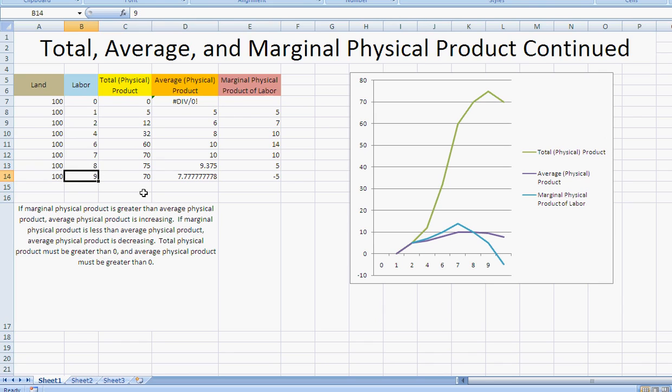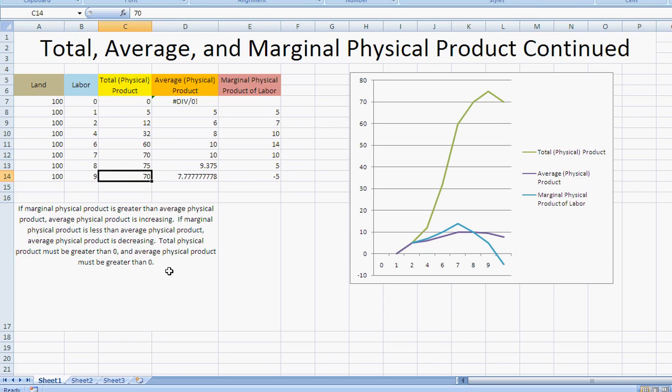So if marginal physical product is negative, total physical product will be decreasing, because marginal physical product is the change in output that can be attributed to the last unit of that input. We add 1 unit of labor and total physical product changes by -5. Total physical product decreases by 5, and that's exactly what we see right here.